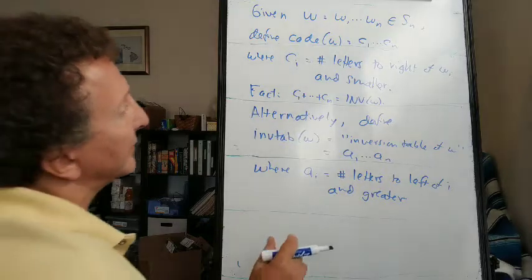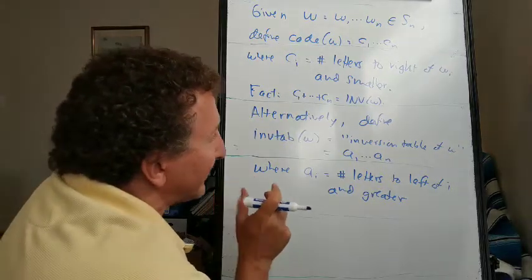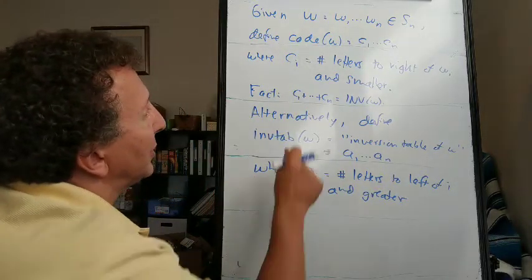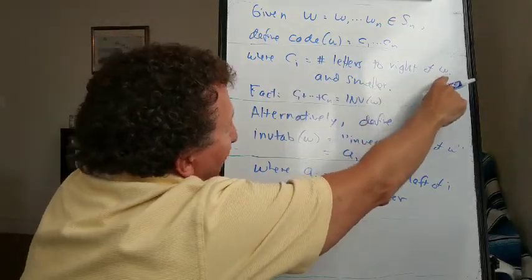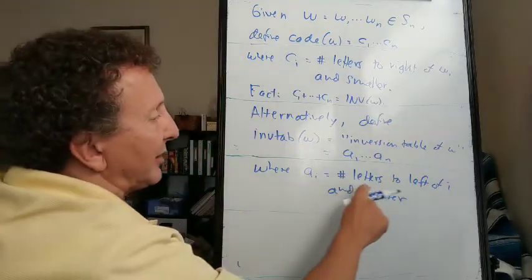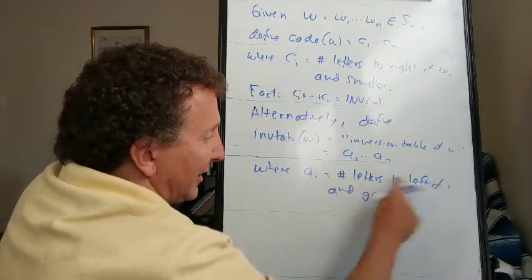So this is not exactly the reverse of the code, because here we're looking at the letters to the right of what's in position i and smaller. Here we're looking at letters to the left of actually the letter i and greater.